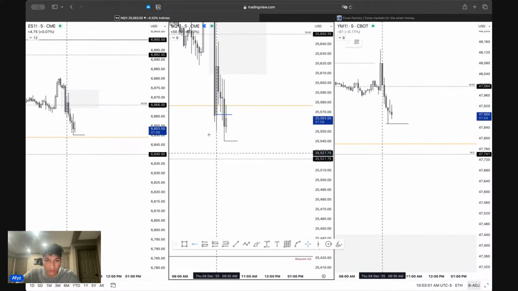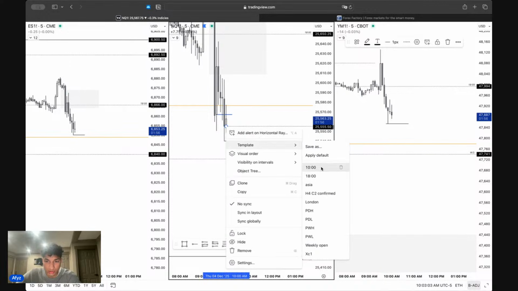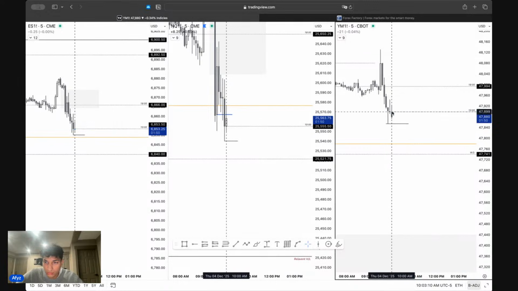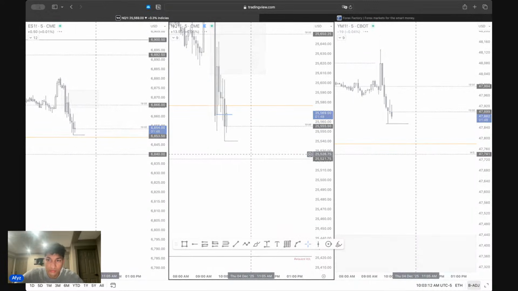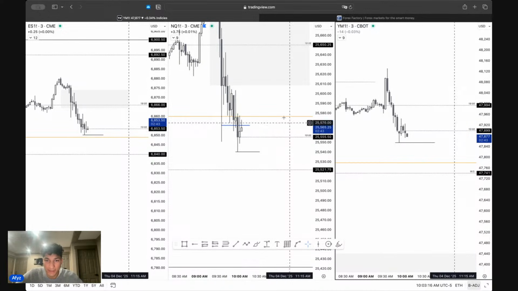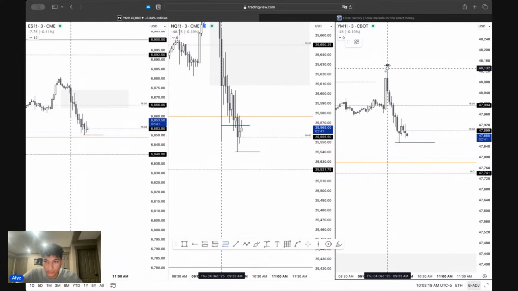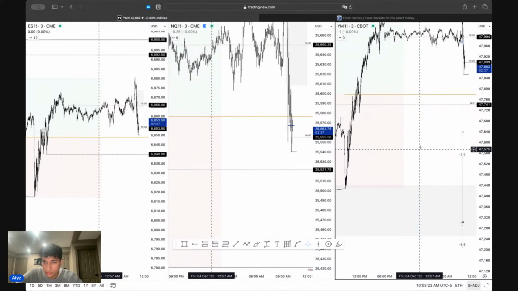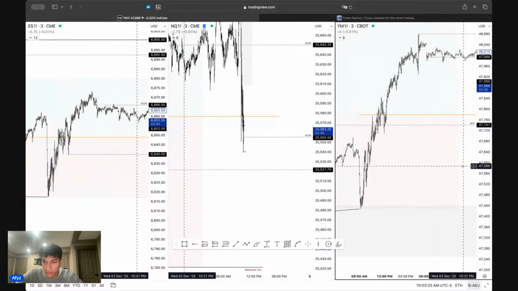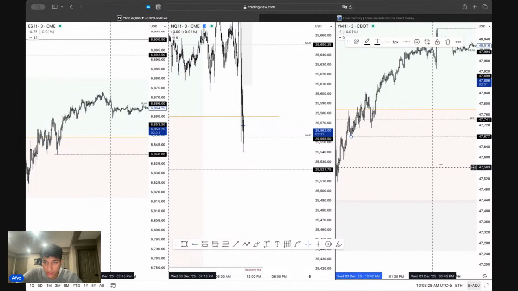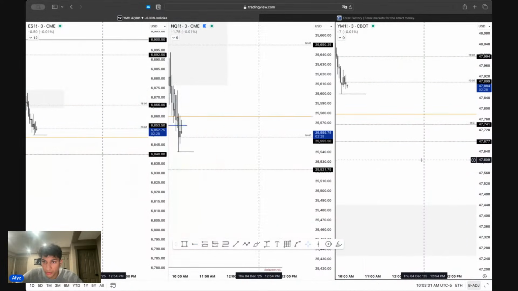Let's keep a vertical, horizontal line like this for 10. So I'm seeing YM stay weak, right? The major liquidity for YM is obviously down here, below the weekly open.